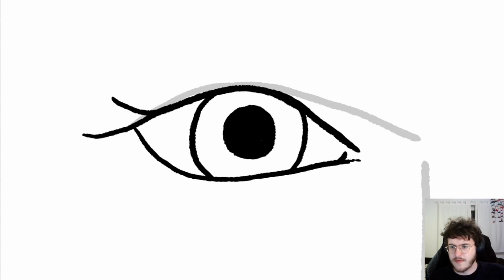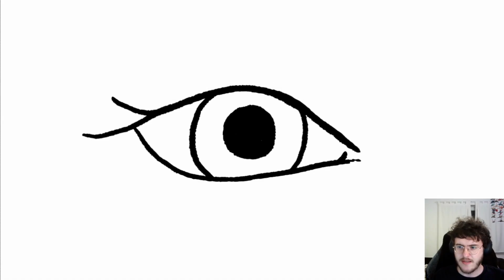Now, if I combine that, merge layers, and then duplicate it just in case I want to go back to this version. All right, let's see if I can edit this a little bit to make it slightly less awkwardly shaped.